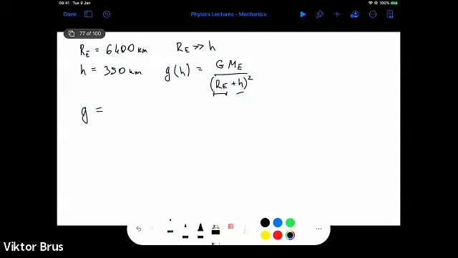It will be the same as the previous one, just without h. And we know that the density of the Earth or any other object is the mass of this object divided by the volume of this object.